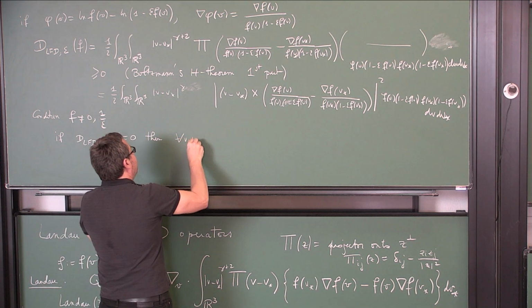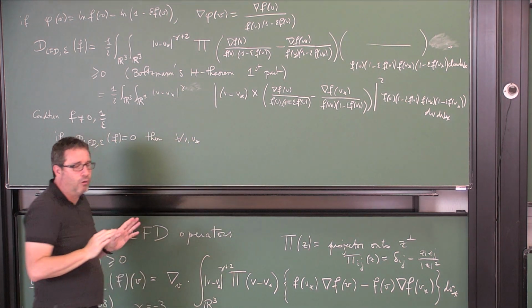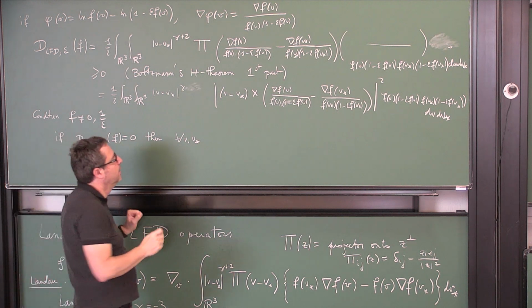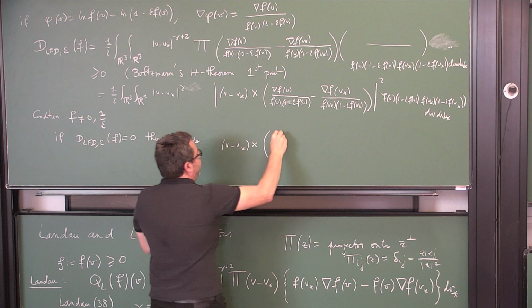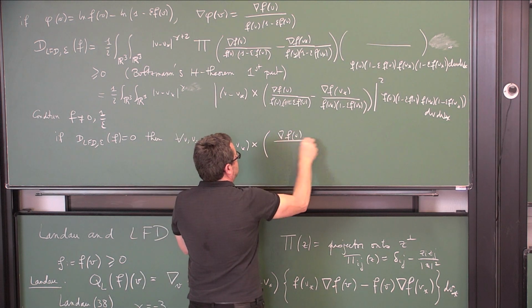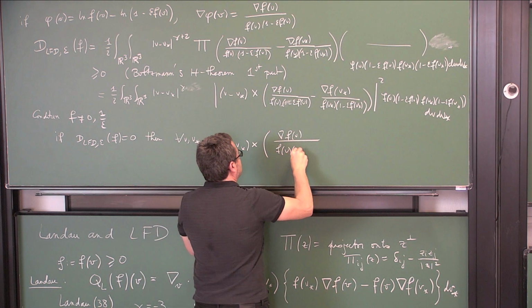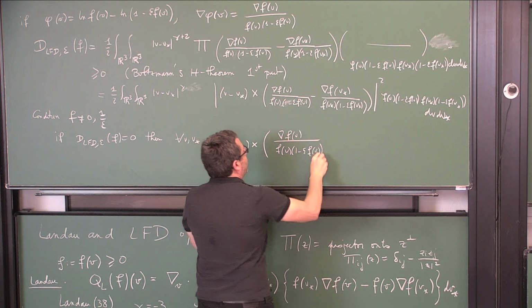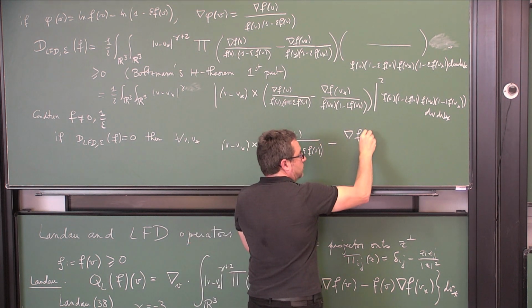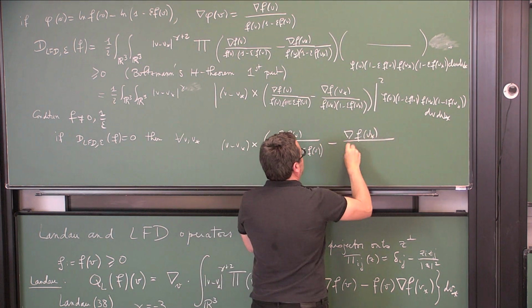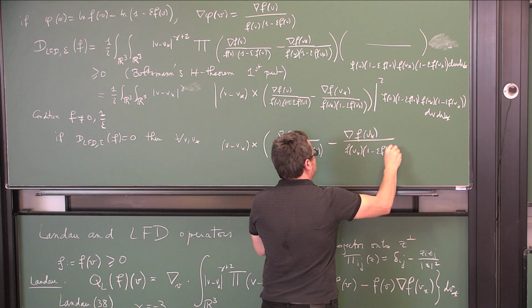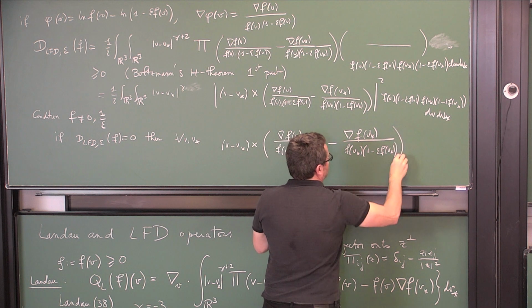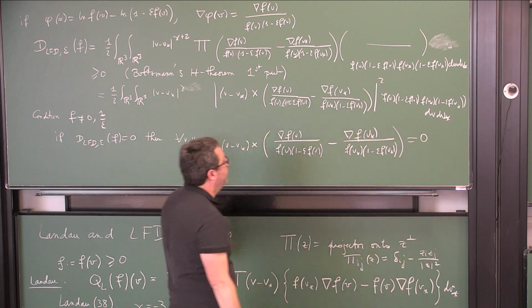So then you get that for all V and V star, or almost everywhere, you have this.